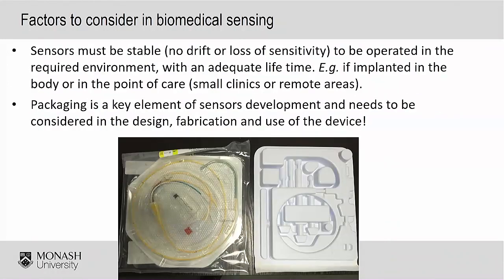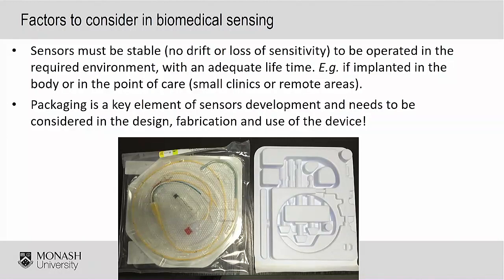Other things to think about are the sensor must be stable. So you don't really want any drift or loss of sensitivity. And we'll talk about both drift and sensitivity later on in this lecture. And you want it to be stable within its adequate lifetime as well.